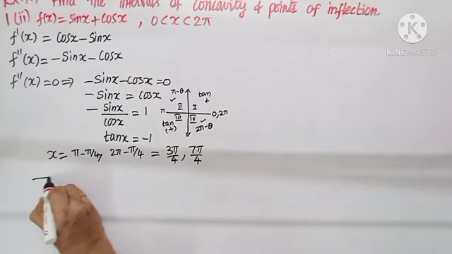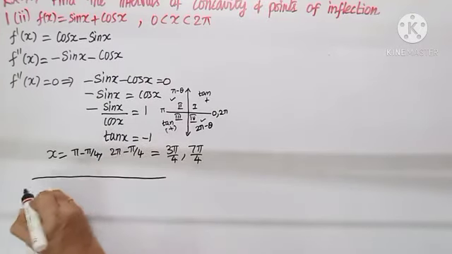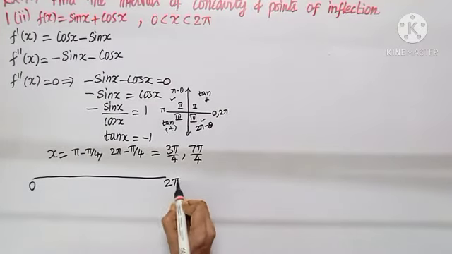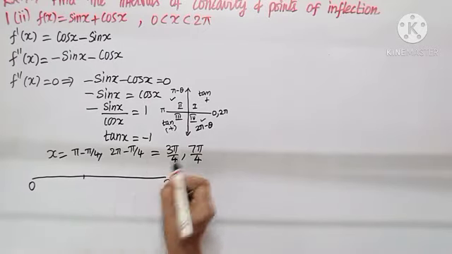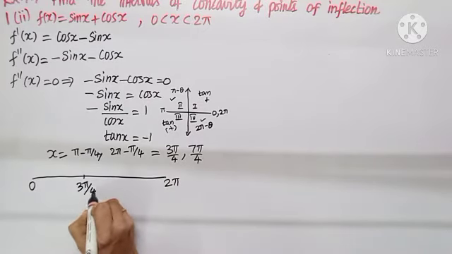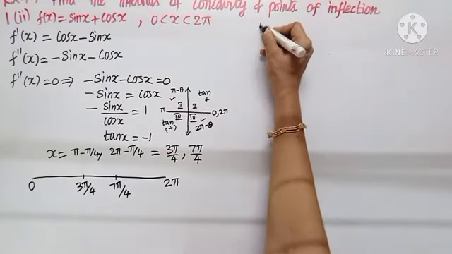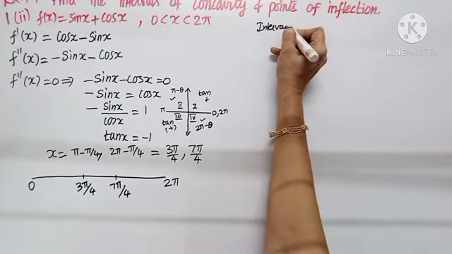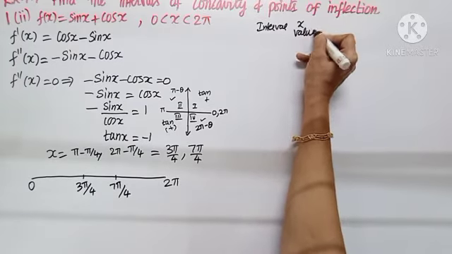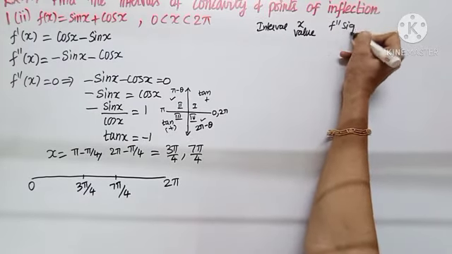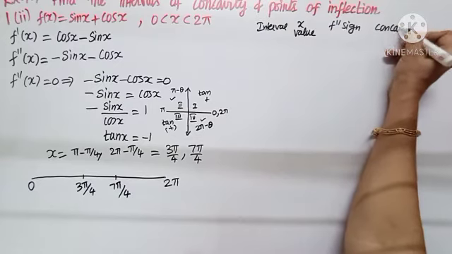So the interval as they have given is 0 to 2 pi. We divide using these values 3 pi by 4 and 7 pi by 4. Let us write the interval, x value and f double dash sign and check the concavity.